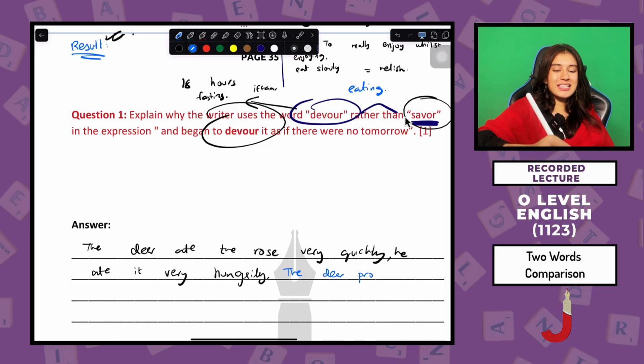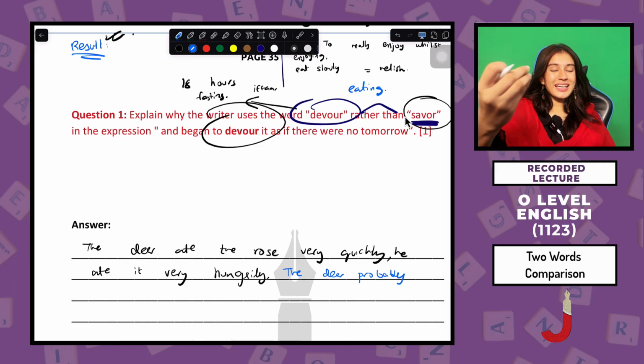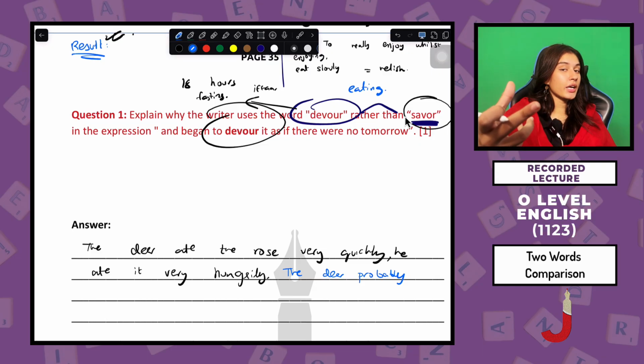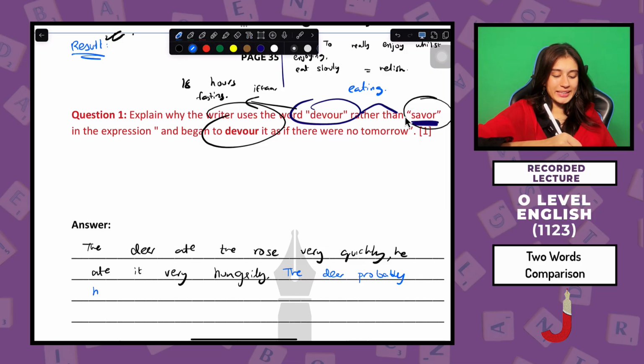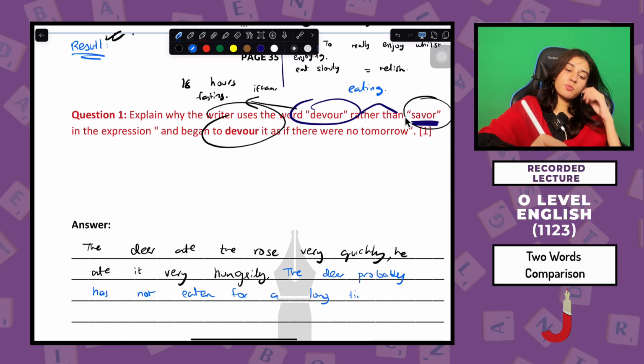So it's supposed to tell a reason behind it or a result that it leads you to believe. So what could be a possible reason? Or what result does that help us conclude? You could say that the deer probably has not eaten for a long time. So the deer is probably very hungry.